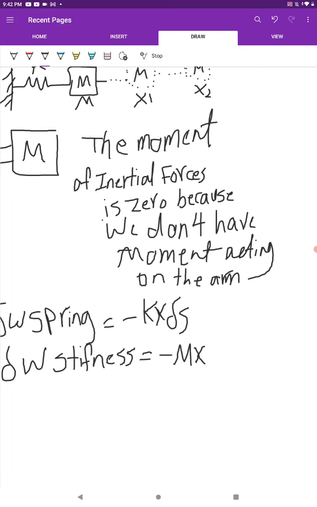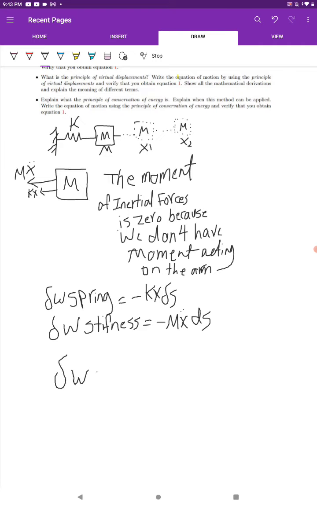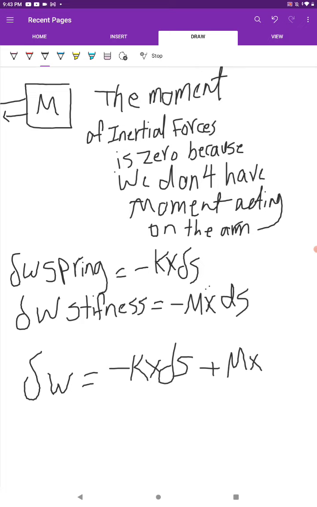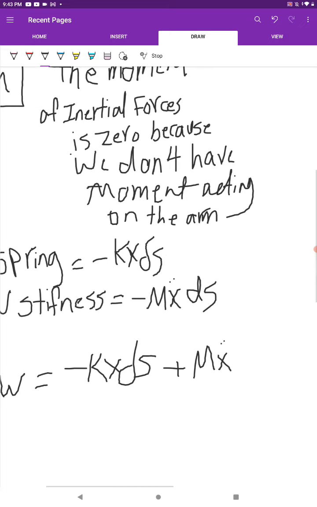So adding these equations together, we're gonna get negative kx delta s plus mx double dot delta s equals 0.